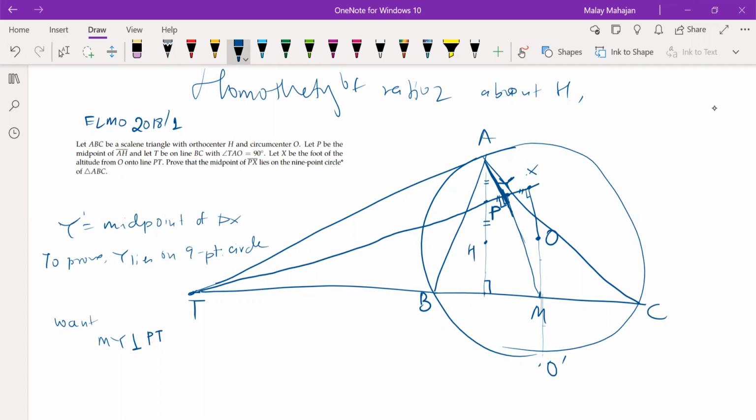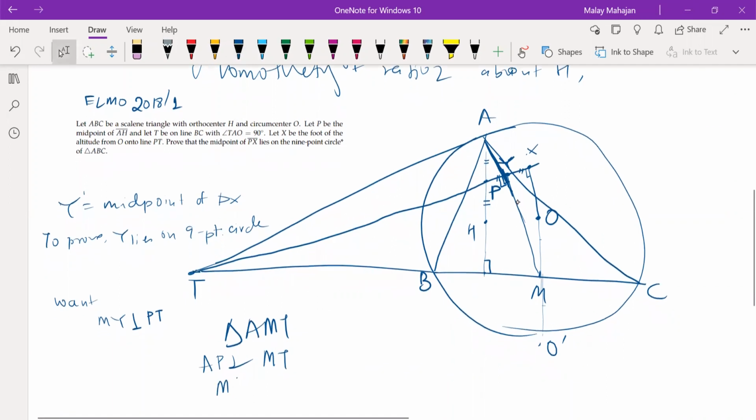So can you see something in triangle ATM? We want MP perpendicular to AT, or MP parallel to AO, which is true by the parallelogram. In triangle AMT, AP is perpendicular to MT, and MP is parallel to AO because if you add the antipode, these two lengths are equal, and so by the midpoint theorem MP is parallel to AO.